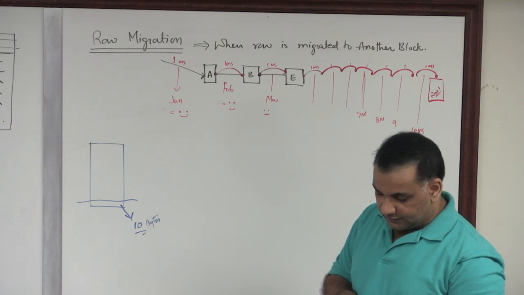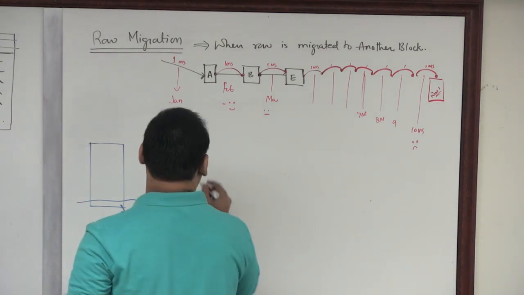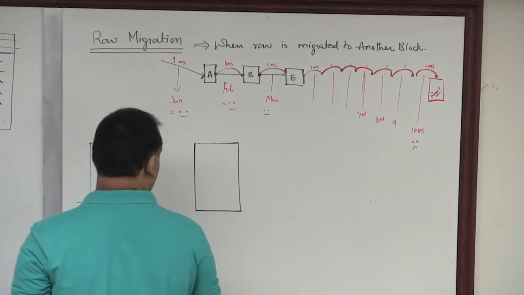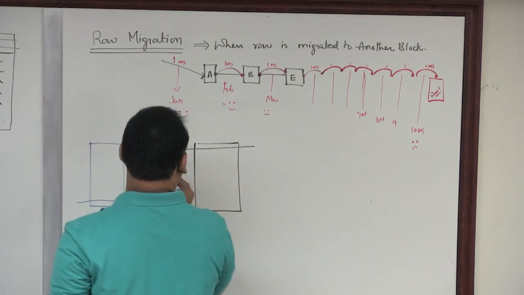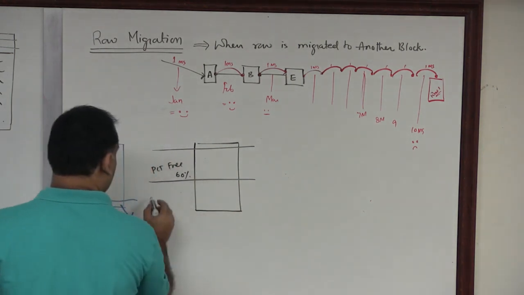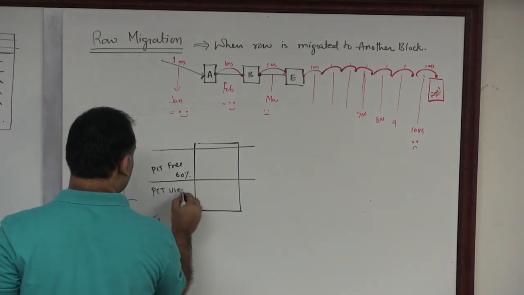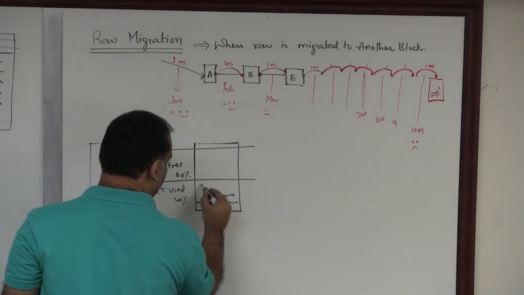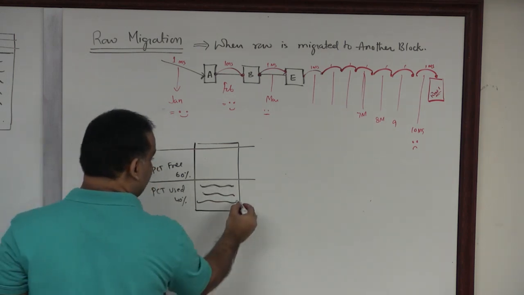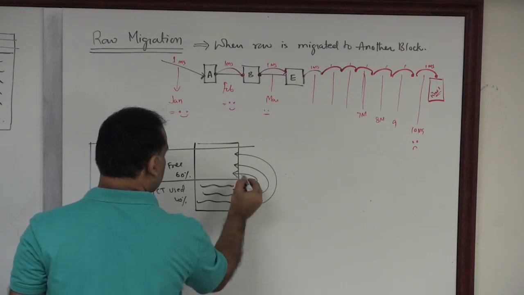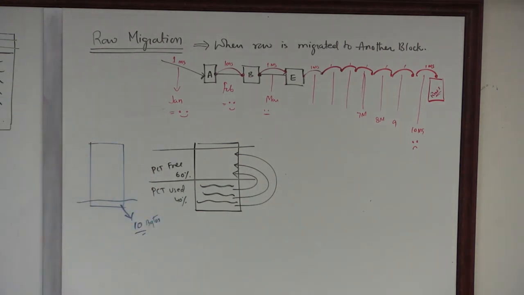So let me tell you this. How about we go with a design where I'm going to keep PCT free as 60% and PCT used as 40%. That means I'm only allowing limited data here, and all this limited data has free space, so instead of going into separate blocks, it can just play around in the same block.